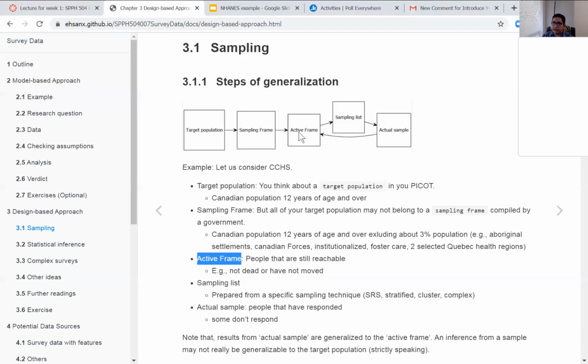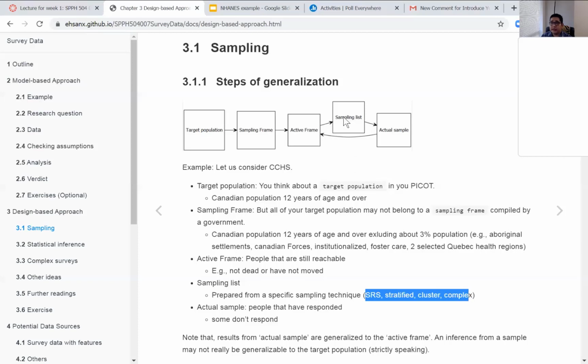So that brings us to this active frame. This active frame will consider only those people who are reachable within your sampling frame. And then within that active frame, you will have some sampling list where you can create some sort of sample out of different types of sampling techniques.